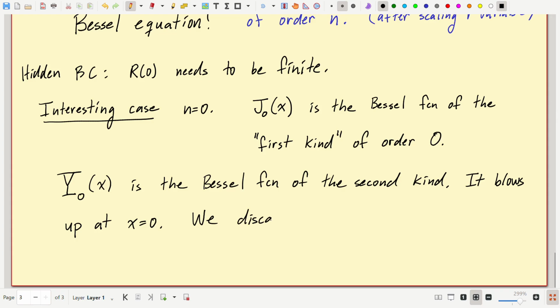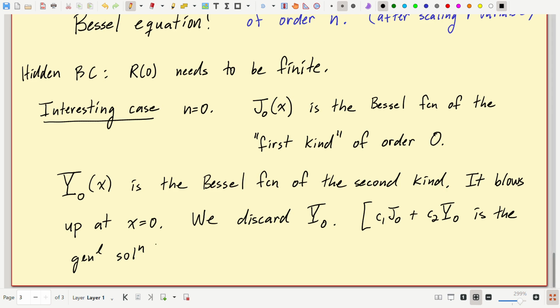We don't want it. And a thing to note is that C1 times J0 plus C2 times Y0 is the general solution. And we don't want the one that blows up, so we discard it.